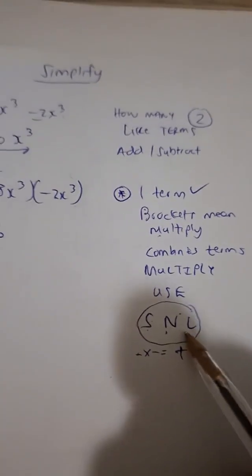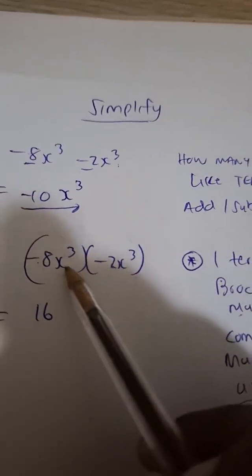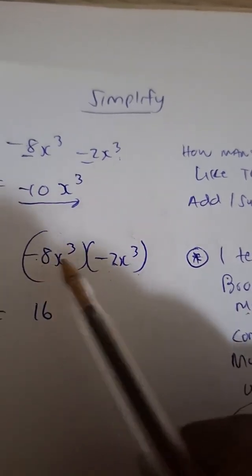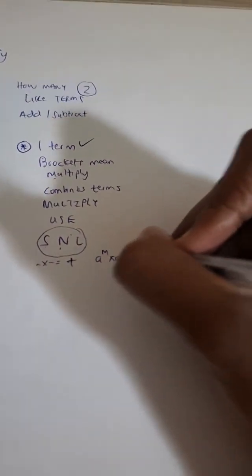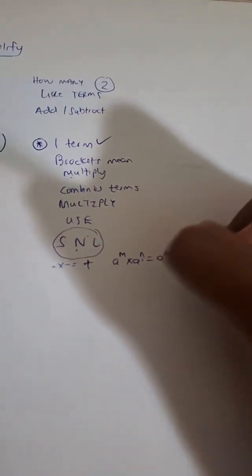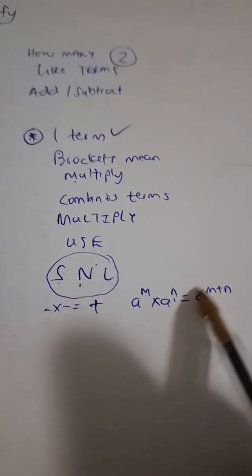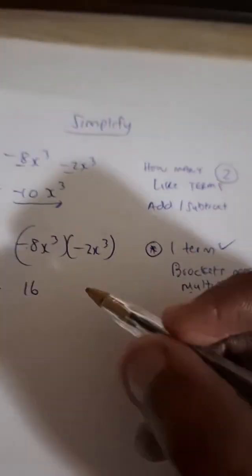We multiply the letter: x cubed times x cubed. Oh, we are multiplying same bases. Laws of exponents. Exponent law number 1 says what about multiplying same bases? When we are multiplying same bases, we keep the base and we do what to the exponents? We add the exponents.